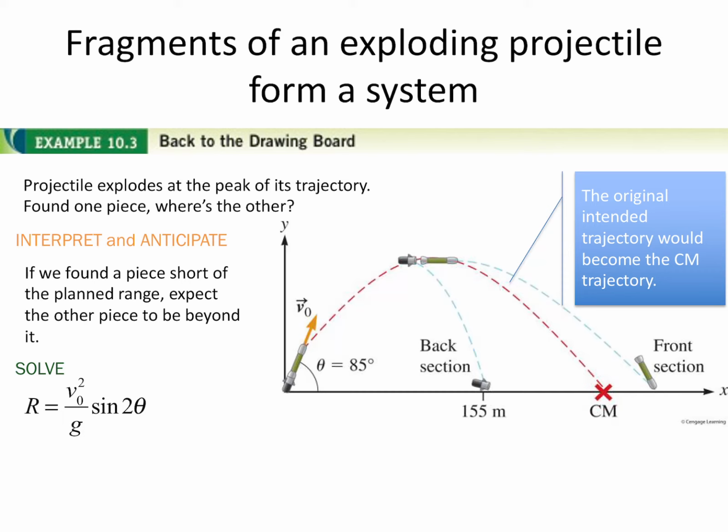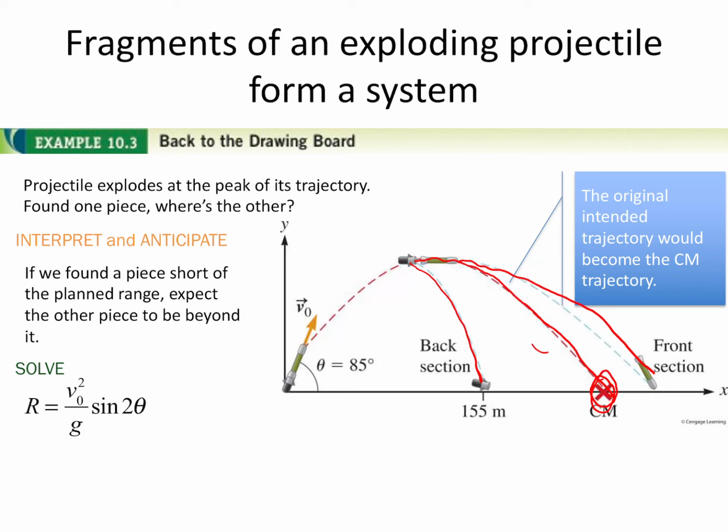And this is one example. You have a projectile launched, and at here it explodes, and have one piece dropped here, the last piece dropped here. So during the explosion, you only have the internal force, which means it won't change the center of mass velocity of the system, so the center of mass of the system will still follow this projectile trajectory to here.